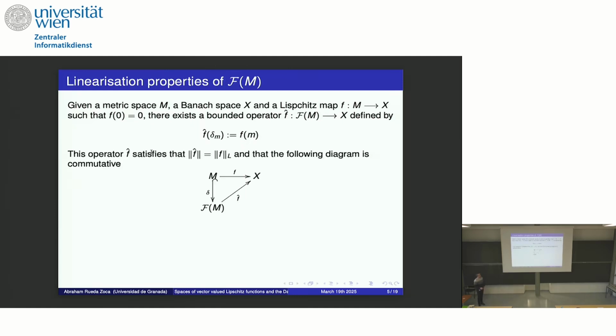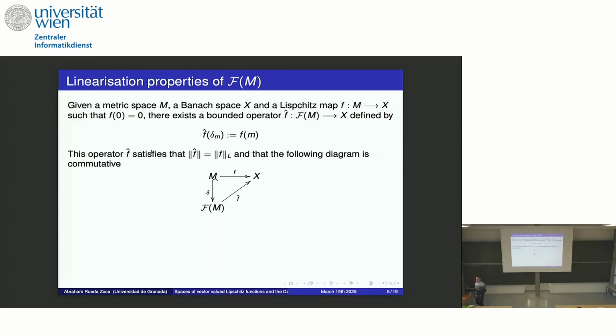This operator hat F satisfies that its operator norm equals the Lipschitz norm of F, and that the following diagram is commutative. The commutativity of this diagram is nothing but a different way of writing this equality.